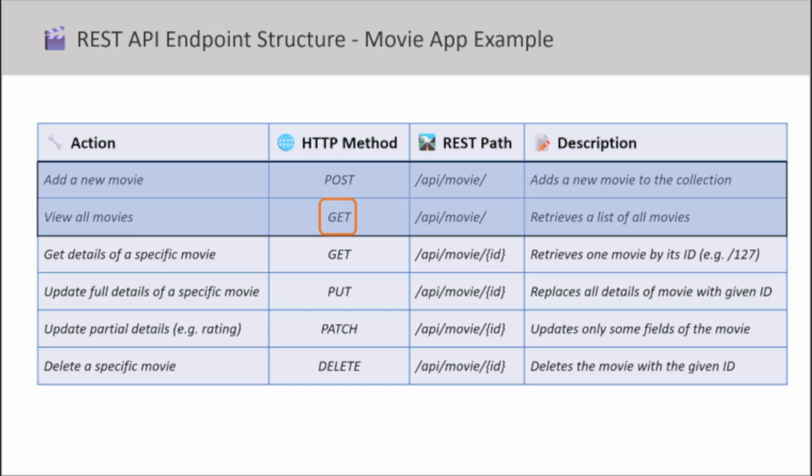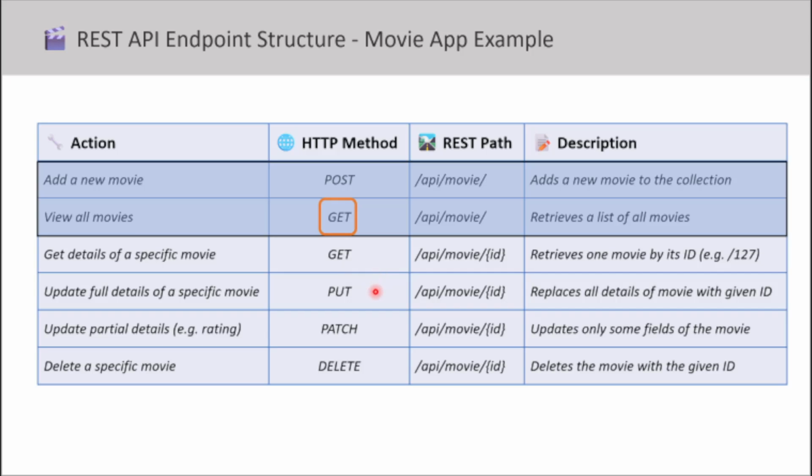Okay. So what I want to say here is that for post and get, we are going to use this REST path when we need to add a new movie to the collection, and this when we want to retrieve a list of all movies. For other cases, if we want to retrieve one specific movie, we are going to use get.